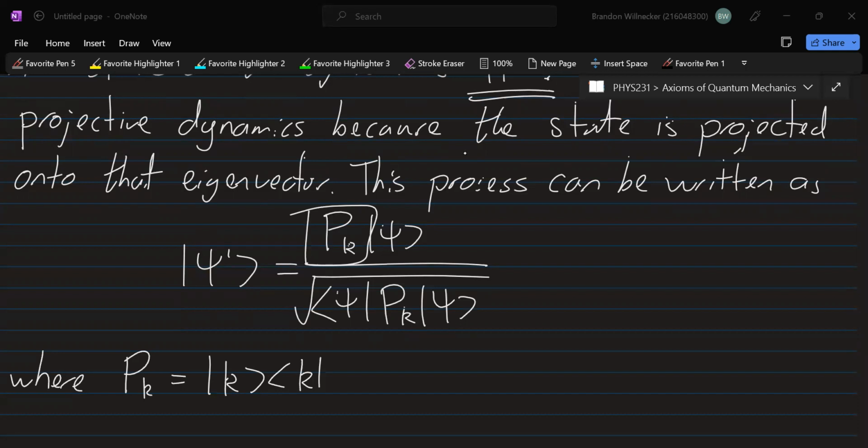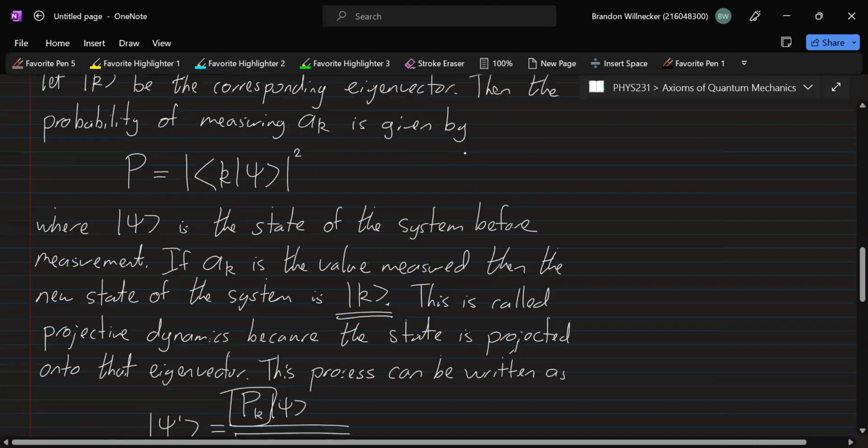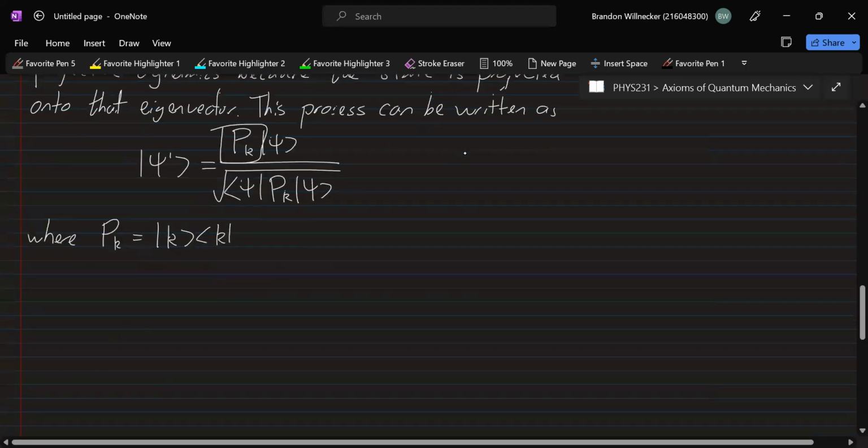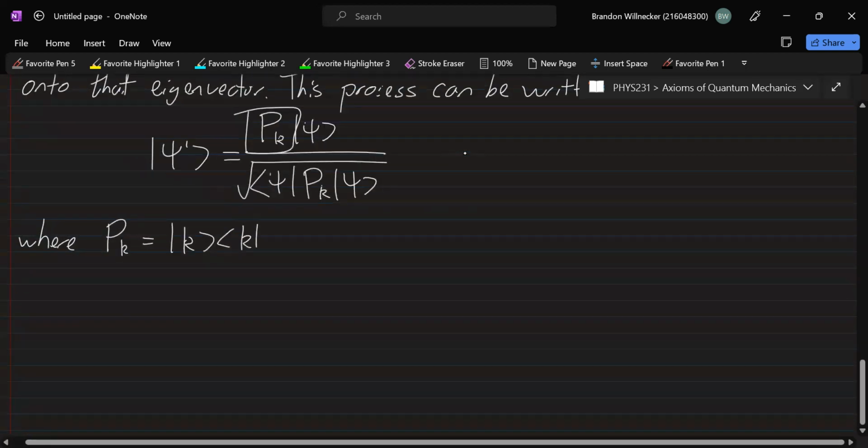So this axiom deals with what happens during a measurement. The last axiom deals with what happens in between measurements.